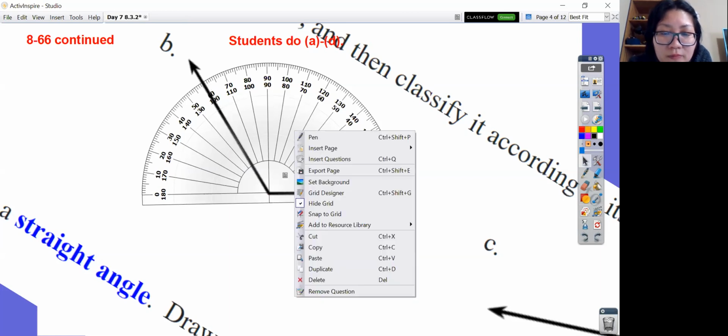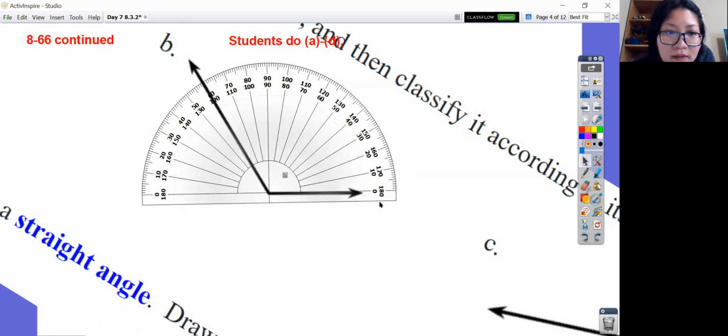There we go. Now I'm going to find out how big it is. 0 degrees, 10, 20, 30, 40, 50, 60, 70, 80, 90, past 90, 100, 110, 120. So my angle right here is 120 degrees.